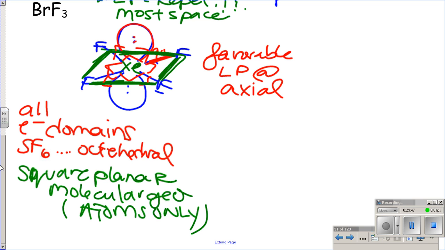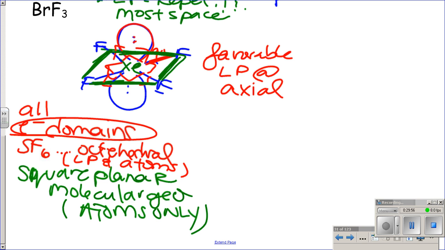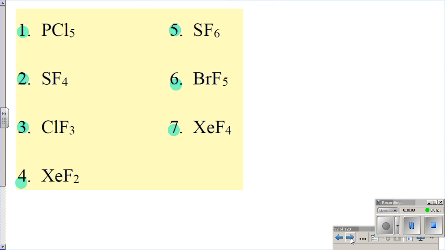But if you're considering everything, whole kit and caboodle, where you've got all electron domains considered, meaning lone pairs and atoms, it appears as if it is an octahedron. So we're going to talk about the differentiation between molecular geometry and electron group geometry in just a second.